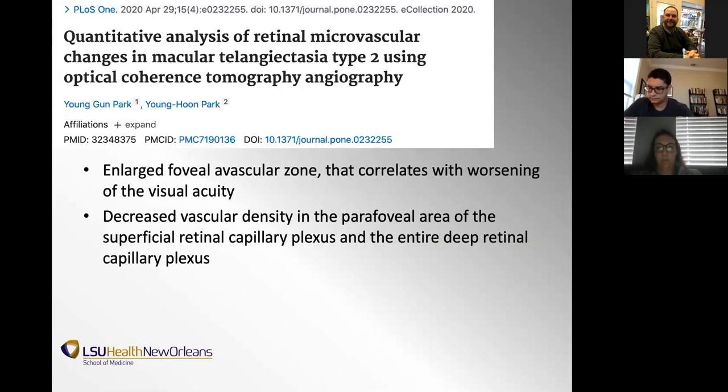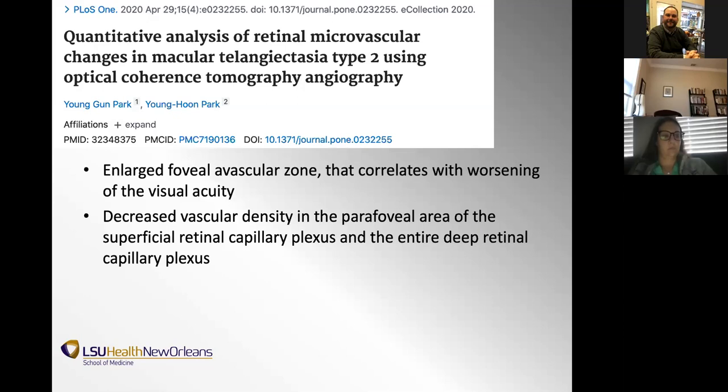This is a study that looked at the retinal microvascular changes using OCT angiography in MacTel type 2. Basically, what has been shown in patients with MacTel type 2 using OCT angiography is an enlarged foveal avascular zone that correlates with worsening visual acuity, and decreased vascular density in the parafoveal area of the superficial retinal capillary plexus and of the entire deep retinal capillary plexus.